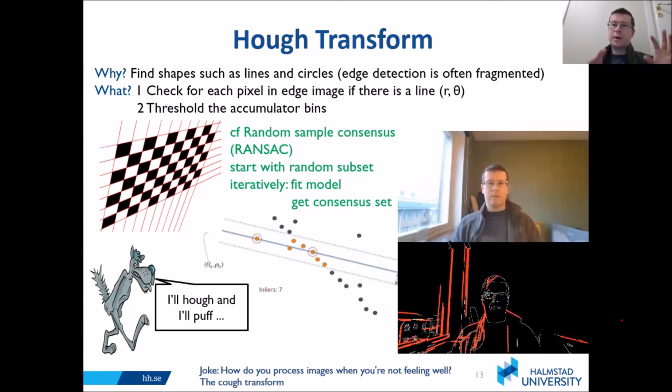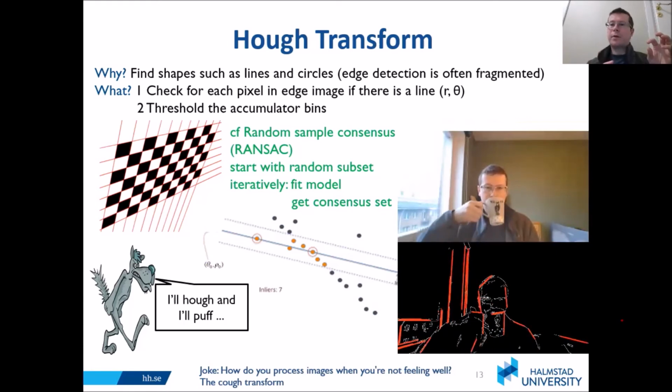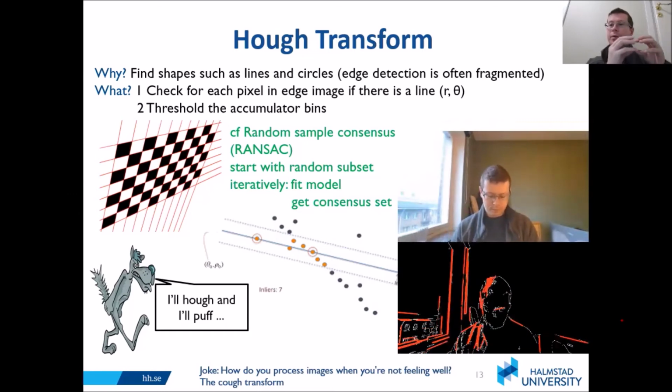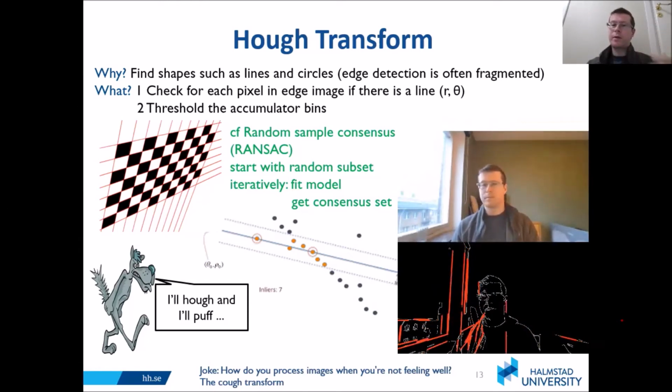Instead, what you do is you pick a small subset of your data points, and then you fit a line to that. Then you check what other data points are close to this line. Then that becomes your new consensus set, it's called. And then you again fit a line based on it. You do that iteratively.